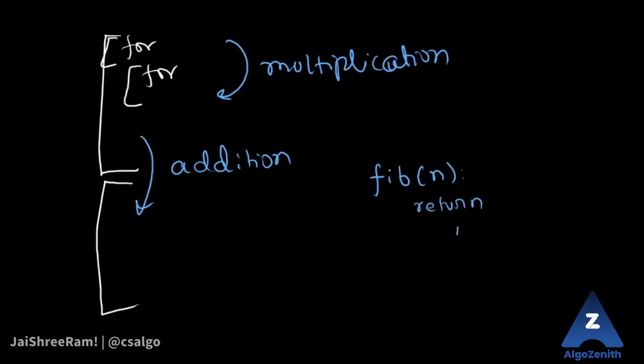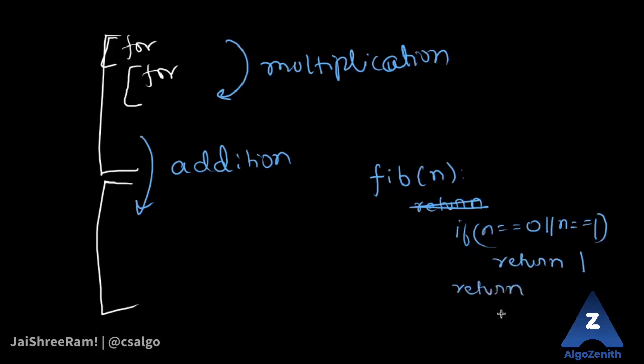If n equals 0 or n equals 1, you return 1, or else you return Fibonacci of n minus 1 plus Fibonacci of n minus 2, right? That's the recurrence that we have for Fibonacci, right?